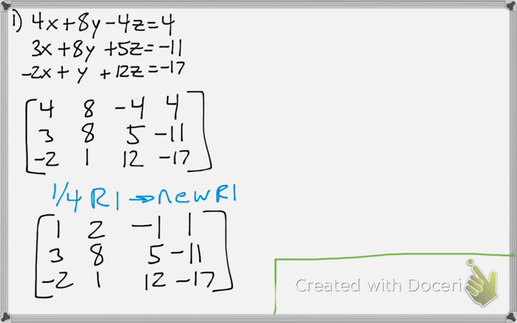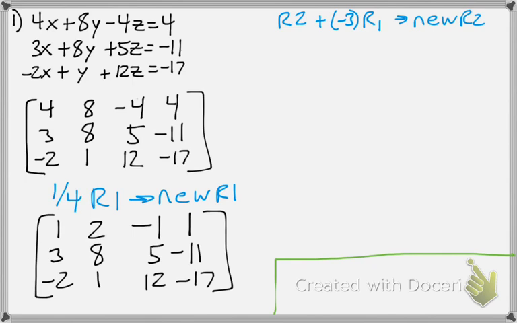Okay, so once you get a 1 in that upper left corner, we want to get zeros all underneath it. So what that means is I want to clear out these numbers here. So let's first worry about that 3. If I want to eliminate that 3, then I could take row 2 and add negative 3 times row 1 to get that new row 2. So having that 1 there makes it easier to eliminate those numbers.